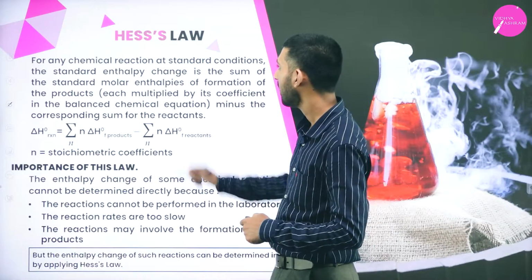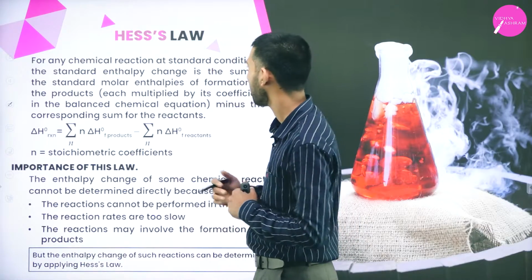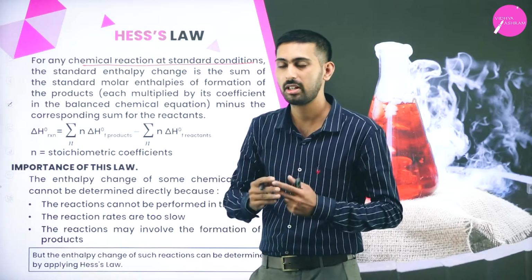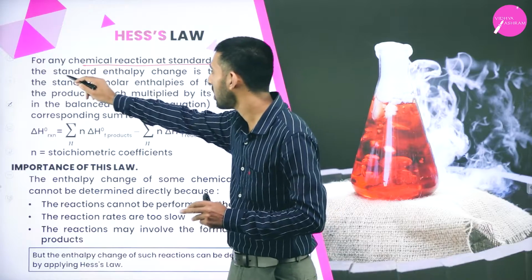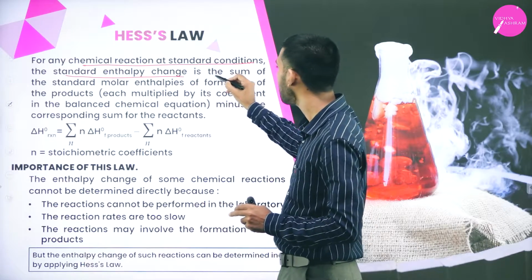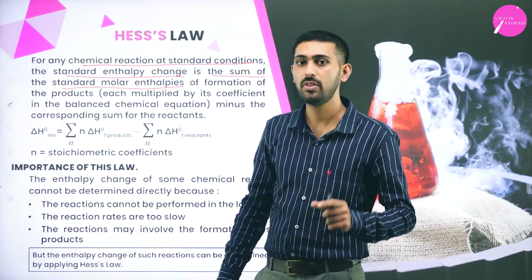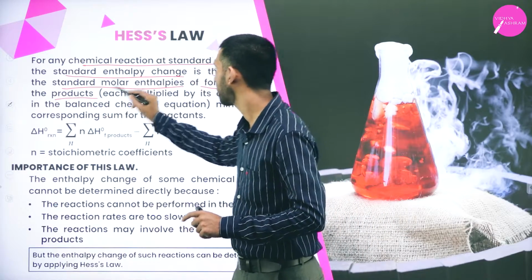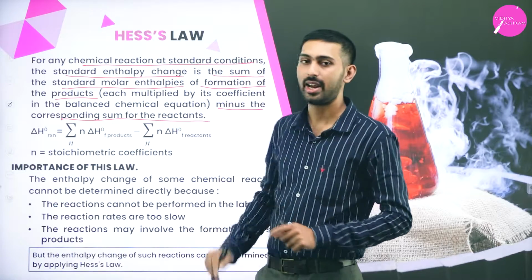Okay. Next thing is Hess law. What do you mean by Hess law? It's a change in enthalpy. For the chemical reaction we should know all the standard conditions. It is the change in the sum of standard molar enthalpy of formation of products minus the corresponding sum of the reactants.